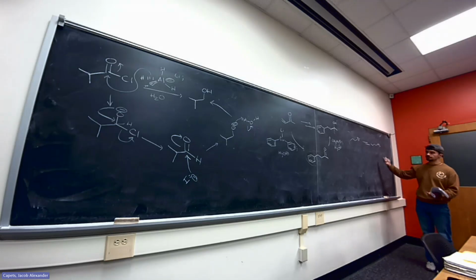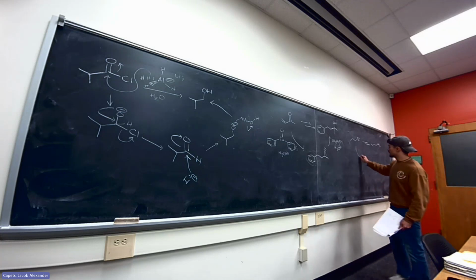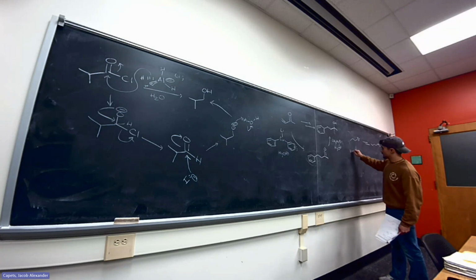Bromine's gone. We have an amine. So this is organic one reaction. A way to add on a carbon and nitrogen simultaneously is with our friendly SN2 with cyanide.